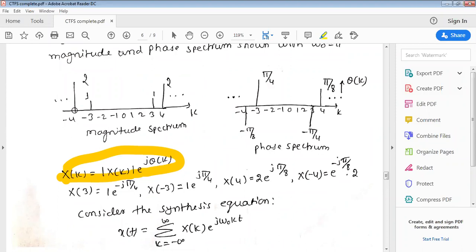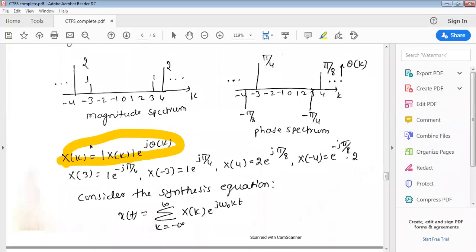Therefore, I have to write x of minus 4, x of minus 3, x of plus 3, x of 4. The remaining values I need not consider because they are not existing. Similarly, for the corresponding phase spectrum, the values at minus 4, minus 3, plus 3 and plus 4 must be given. Then only we'll be able to solve the problem.